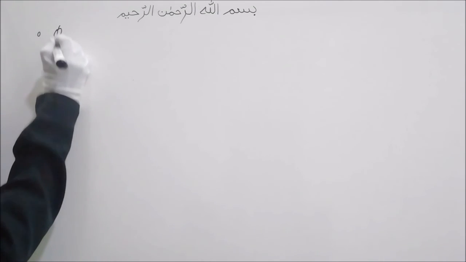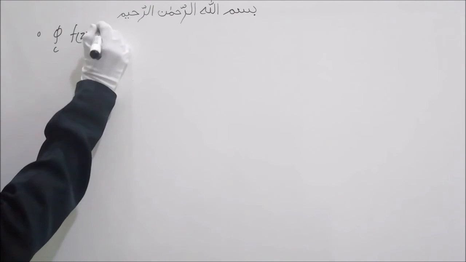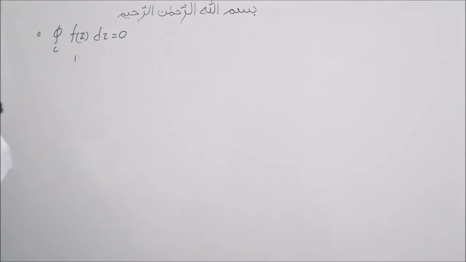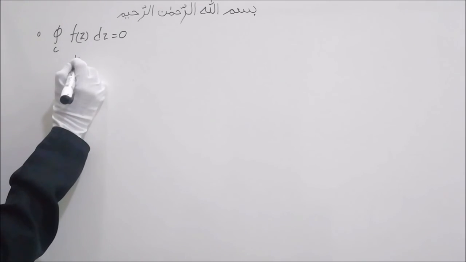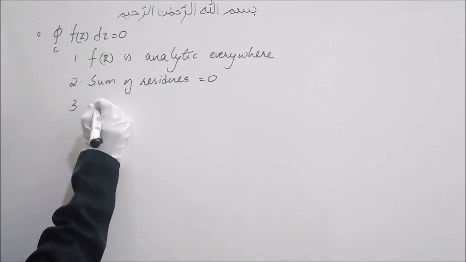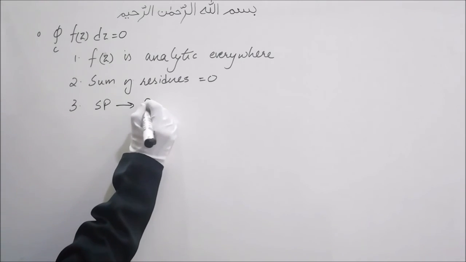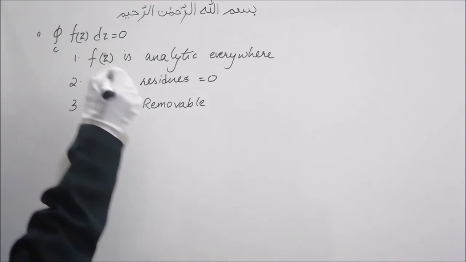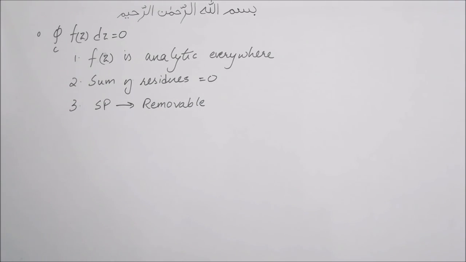Now closed integration over C f of z dz is equal to 0 when? First condition, when f of z is analytic everywhere, then this integration will be 0. Second, if the sum of residues is 0, then also our integration will be equal to 0. Third, if all the singular points are removable singular points, then our residue will be 0, which will give us integration equals 0.